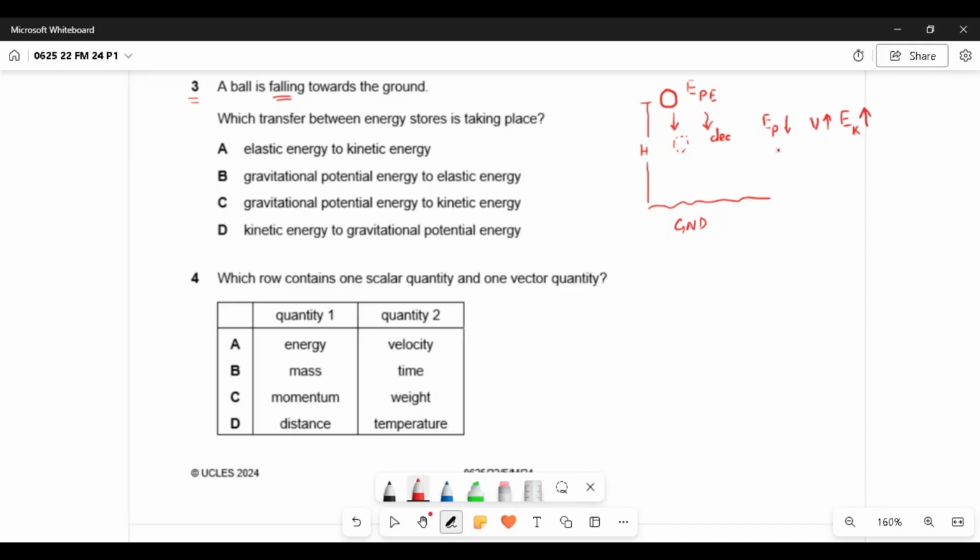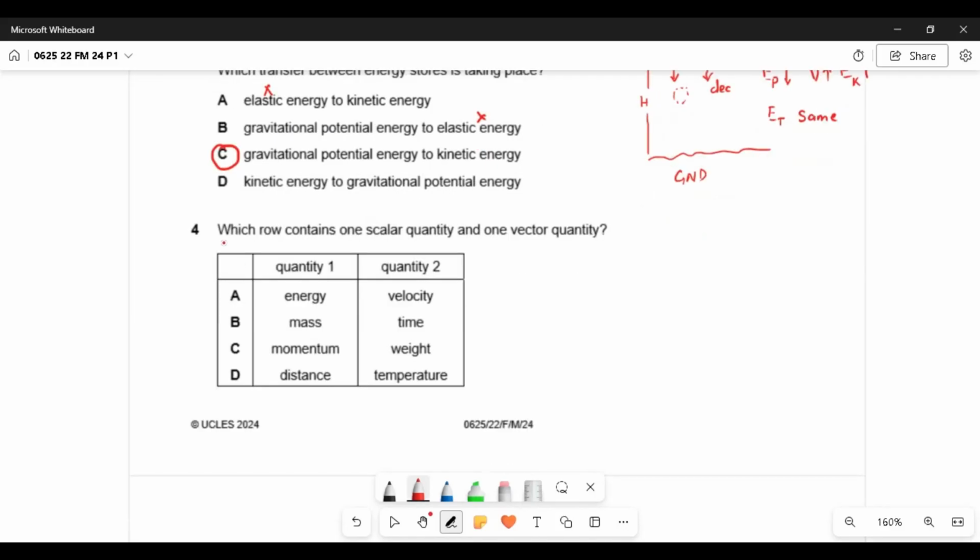So as it's falling down, total energy remains the same, but potential energy converts to kinetic energy. It's not elastic potential, it's gravitational potential energy to kinetic. So option C is gravitational potential energy to kinetic. Kinetic to gravitational is wrong because it was having some height initially.